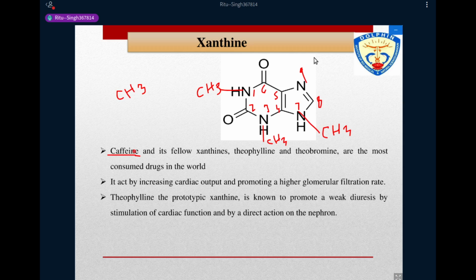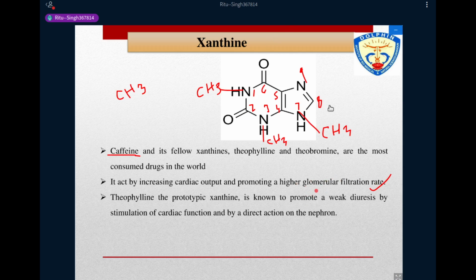Okay, so caffeine and its other xanthine derivatives, theophylline and theobromine, are the most consumed drugs in the world as diuretics. These drugs act by increasing cardiac output and promoting a higher glomerular filtration rate. In the nephron structure, we also see the glomerular filtration.